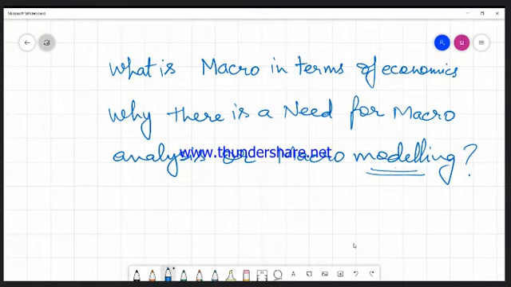So modeling is one of the important aspects when we talk about economics, whether it is micro or macro. A model means, say, marginal productivity theory. So the model is based on this theory. Whatever relationship we talk about will be based on a particular model.